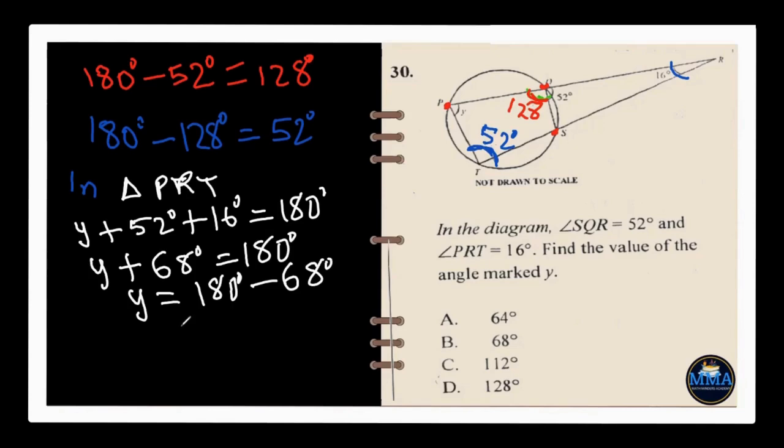So the value of y is 112 degrees. So we'll go and mark that. That is option C. And this is how far we come to the end of this tutorial video.